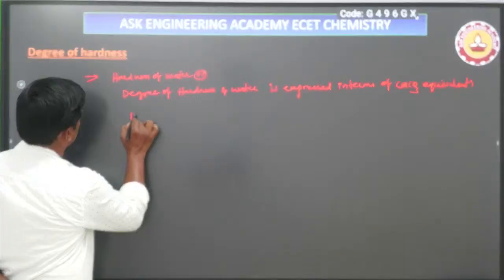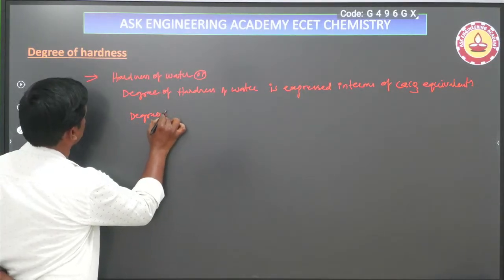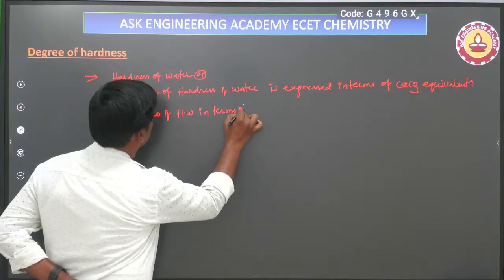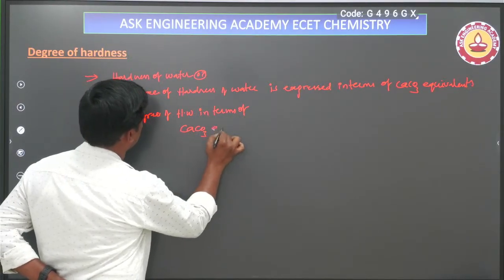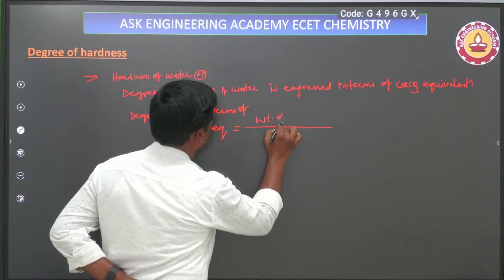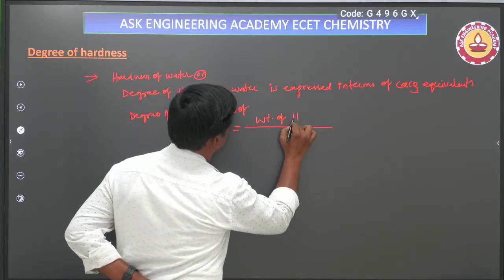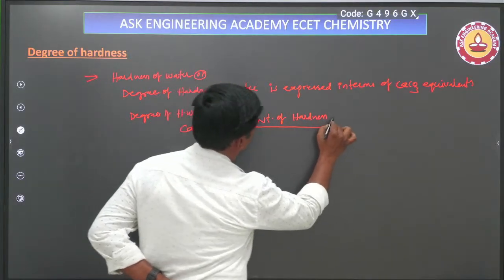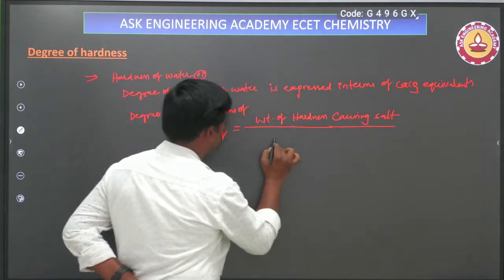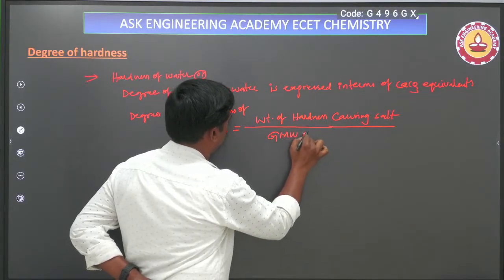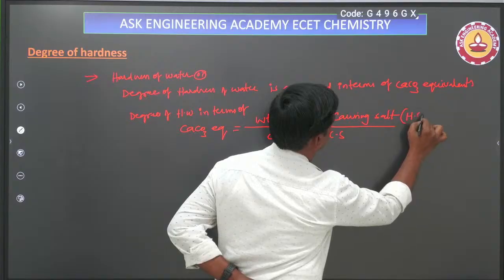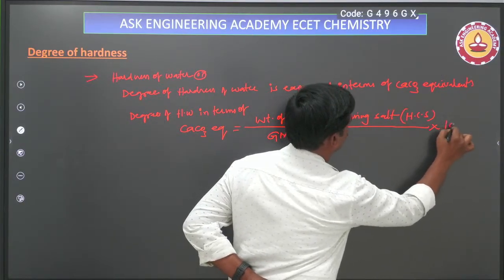Hardness of water in terms of CaCO3 equivalence is written like this: weight of hardness causing salt divided by GMW of hardness causing salt, H.C.S., multiplied by 100.